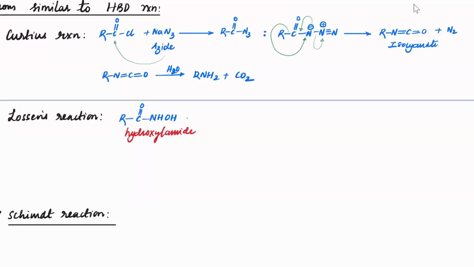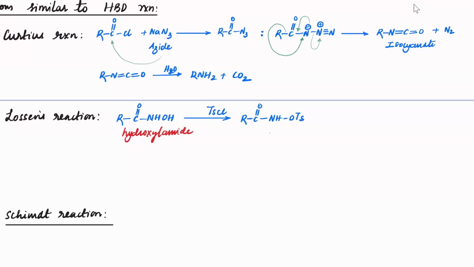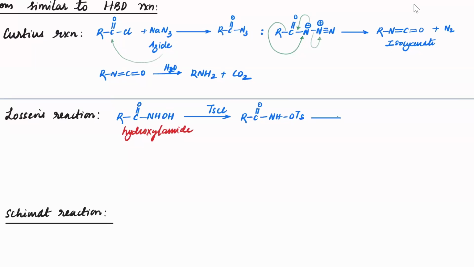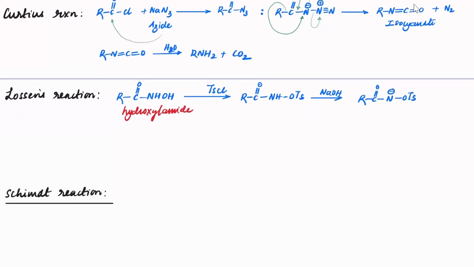In case you treat this with TsCl first, I will get RC double bond O NHOTs. Now, in case this has been treated with base, we will get RC double bond O N minus, because this hydrogen is quite acidic, and this will be OTs. And you know that OTs is a very, very good leaving group.